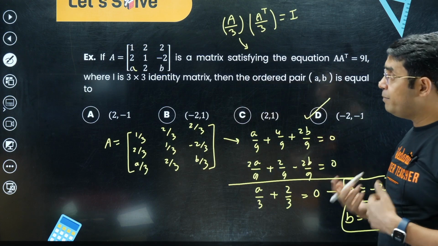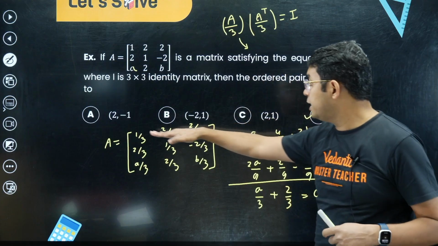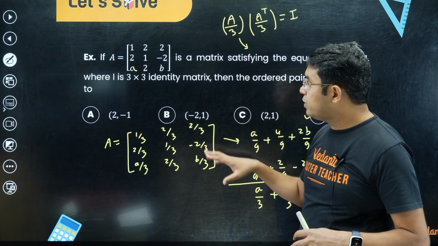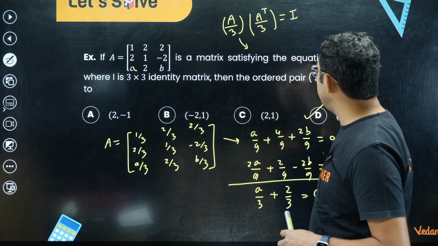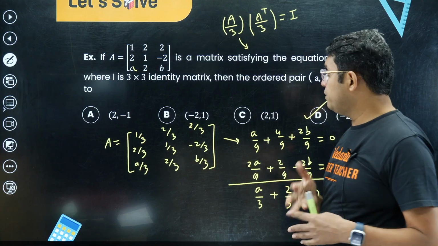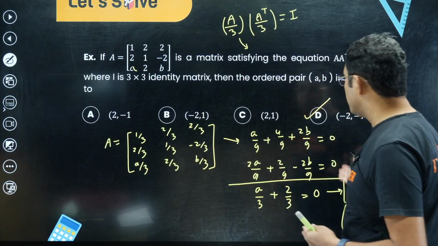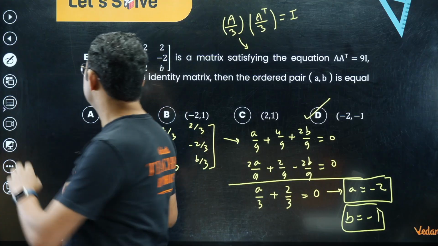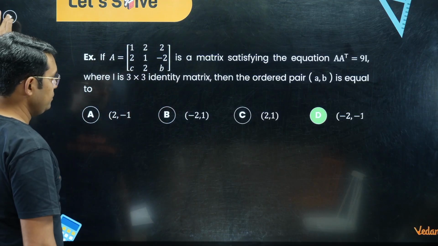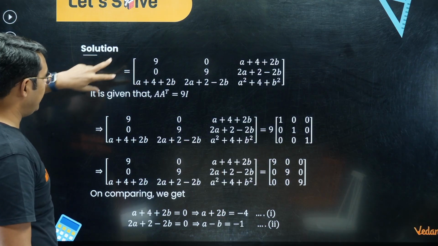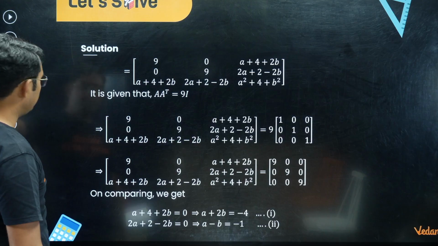Also, if you do not know this thing about unit vectors and mutually perpendicular vectors, then you can multiply A with A transpose and compare with 9I, which will give you some equations in terms of a and b similar to this, and then you can find the values of a and b. Here I think it is the same thing they have done, multiplying A with A transpose, so these equations are giving you the answer.